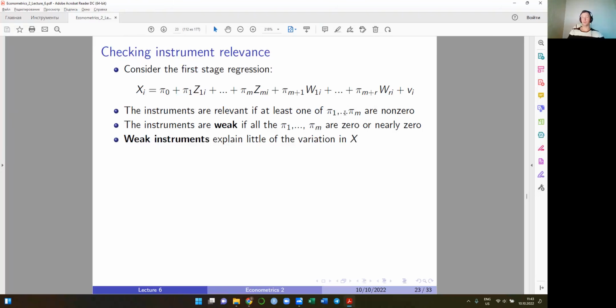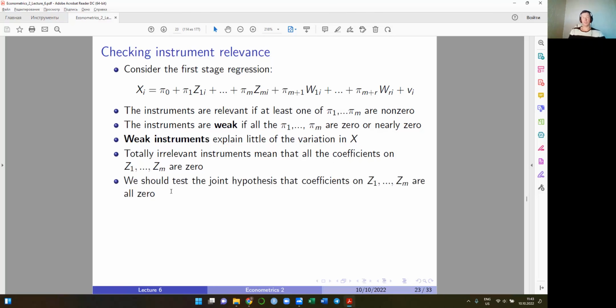We need to perform a joint hypothesis test, and this hypothesis is that all pi's are 0. If we are able to reject this hypothesis, it means that at least one of these pi's is not 0, and instruments are valid. We call instruments totally irrelevant when all coefficients are 0, and we test this joint hypothesis with the help of the F statistic.